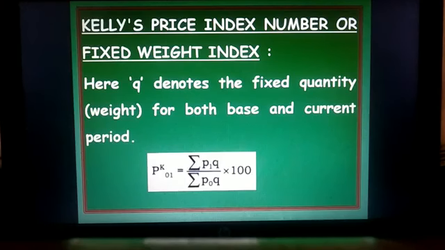Once we are calculating quantity index numbers, at that time we will apply prices as the weights. So try to recall, for Laspeyres' price index number, what is the weight applied? It is base year quantities, which is nothing but Q naught. And the second index number was Paasche's price index number. The weight applied was Q1.